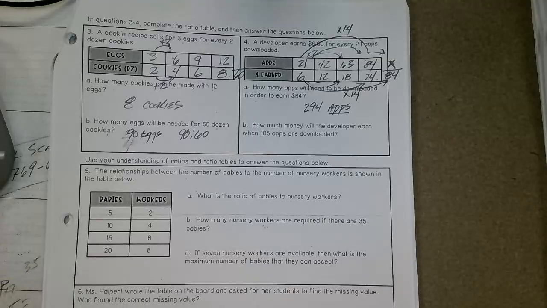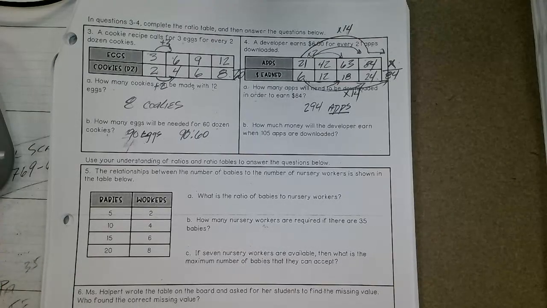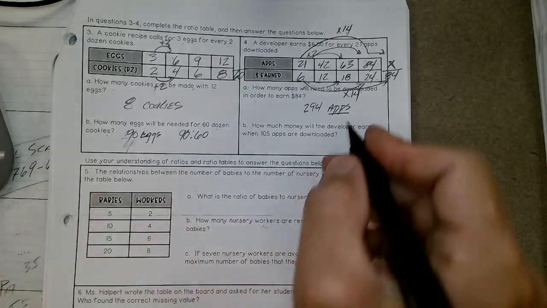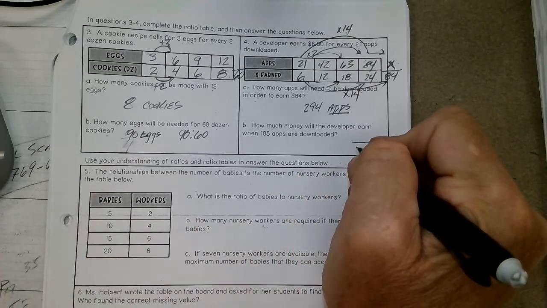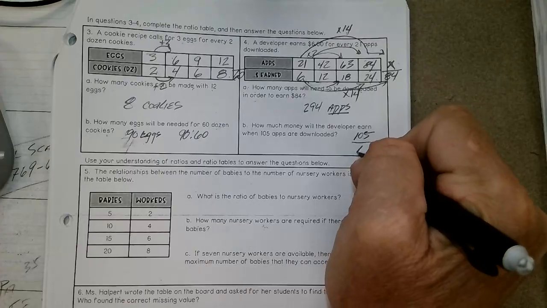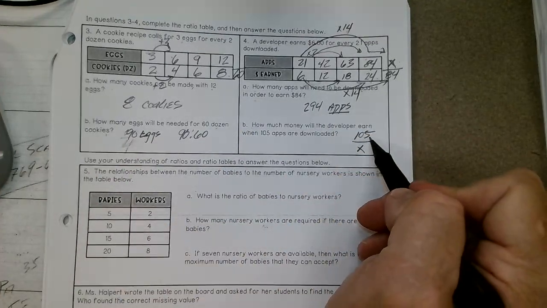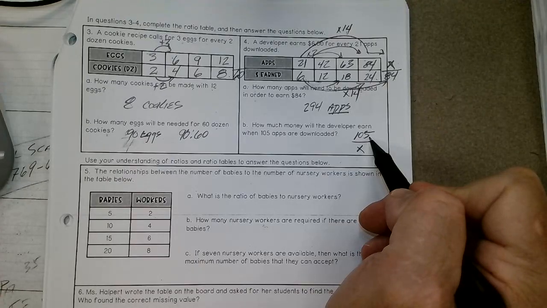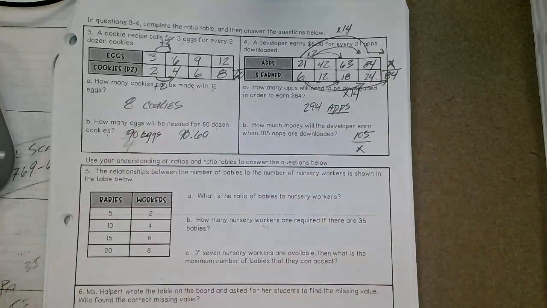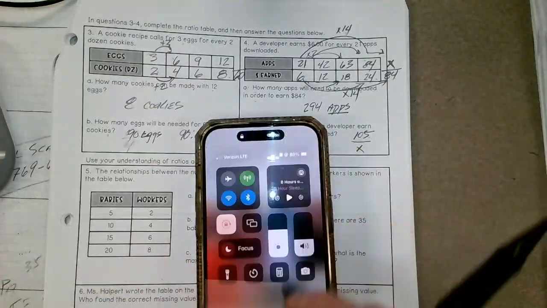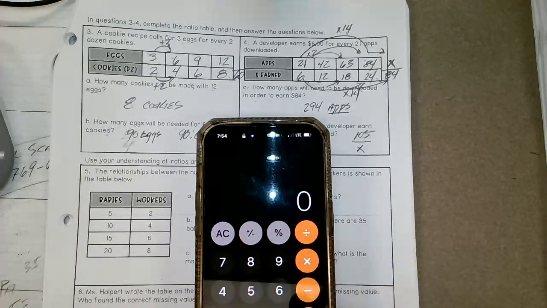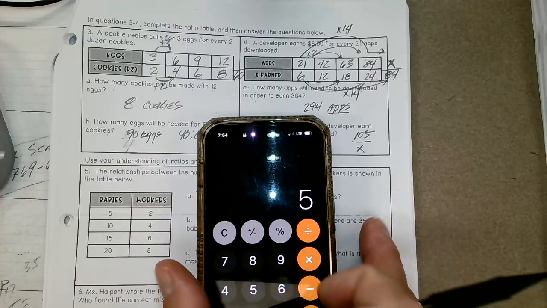Letter B. How much money will the developer earn for 105 apps? So we have 105 apps on the top, and now we're looking for X on the bottom. Well, let's see what the relationship between 105 and 21 is. If I grab my calculator and I take 105 and divide it by 21, what do we get? 5.